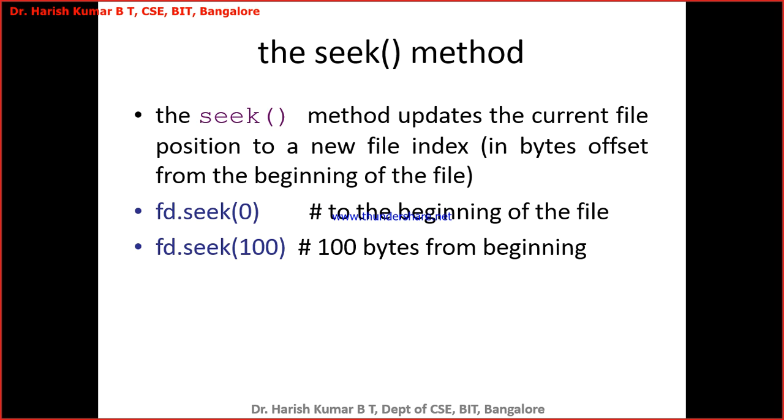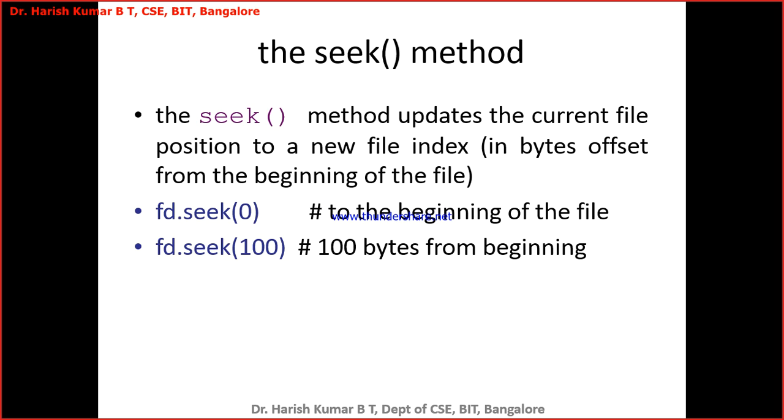Now in case I want to reset the read write pointer to the beginning of the file again, I can do that by using the seek method. Seek, and 0 is the position where the read write pointer should be positioned. Now the read write pointer will be positioned to the 0th byte.